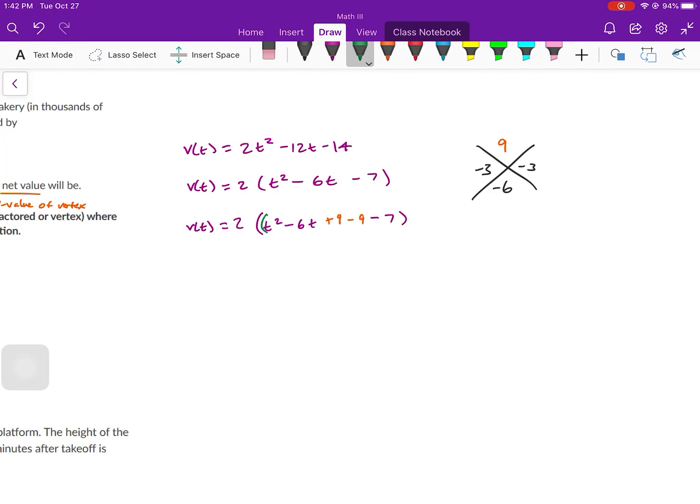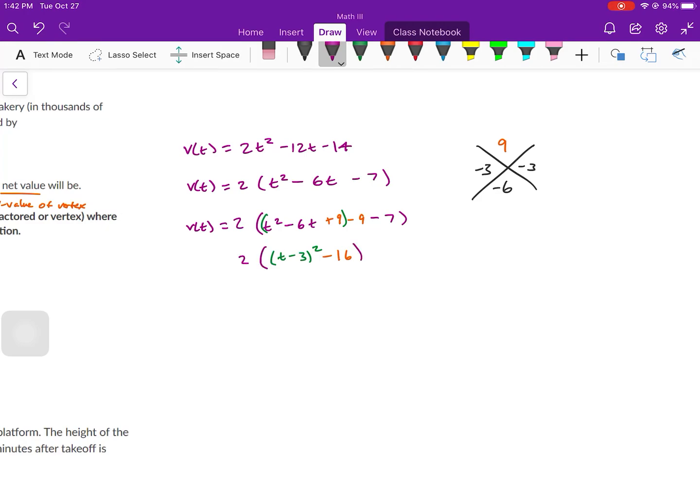And then these 3 right here are going to be our perfect square. And you can see the factoring here, right? This would be what multiplies to 9 and adds to -6. -3 and -3. So since we have it twice, we're going to have it squared. The -9 minus 7 is -16.